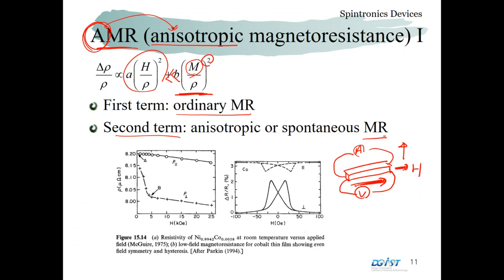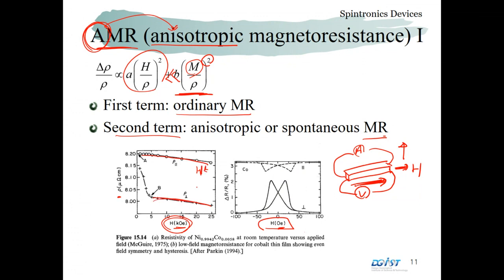Okay. In this case, with the large field, this is the very small field. This is the ordinary one, and this is the anomalous one. This behavior is actually not linear, this is the H square term.